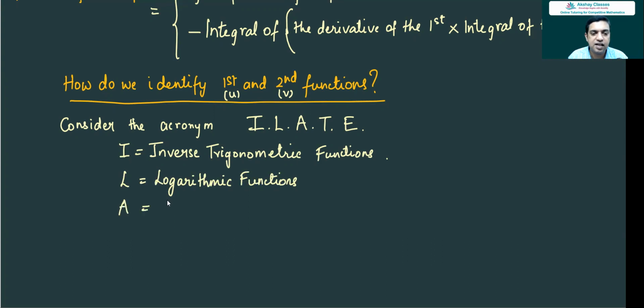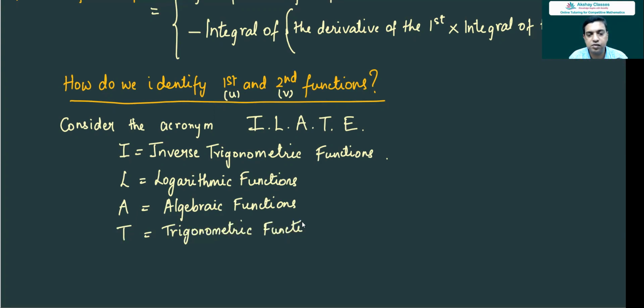A stands for algebraic functions. T stands for trigonometric functions. And E stands for exponential. Do you remember now?